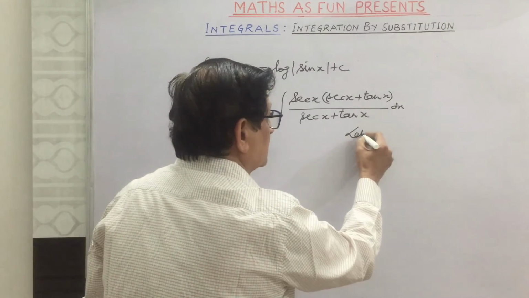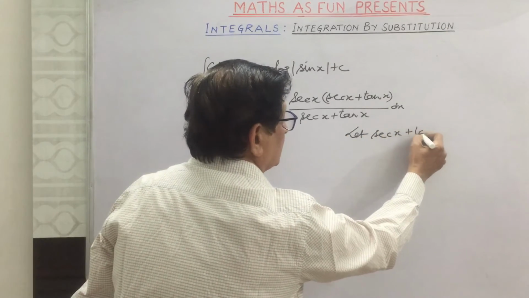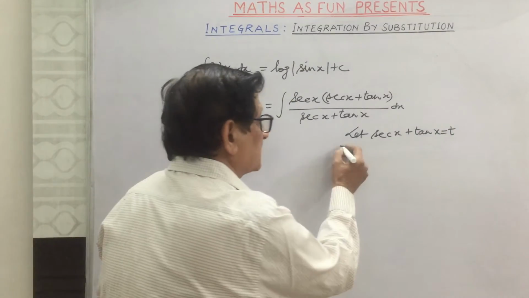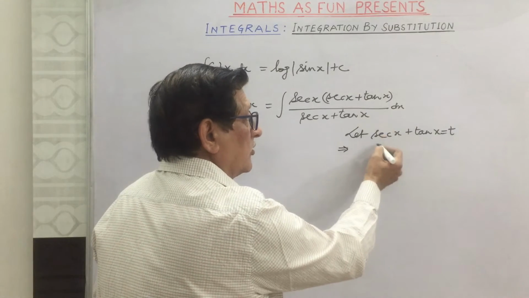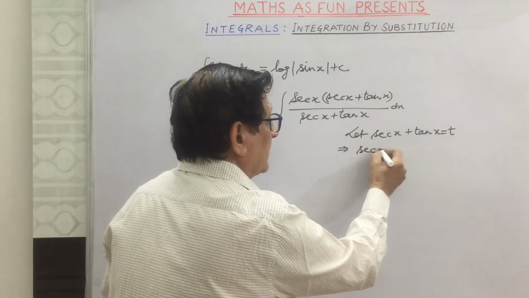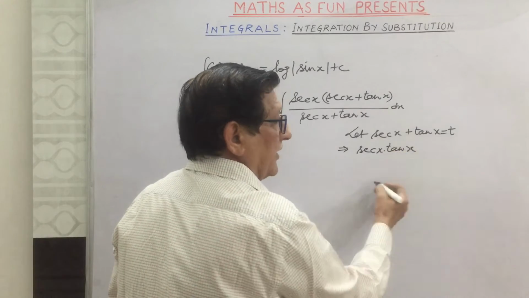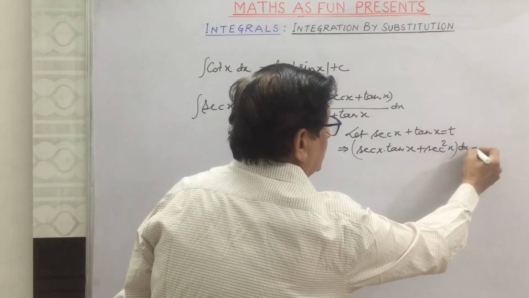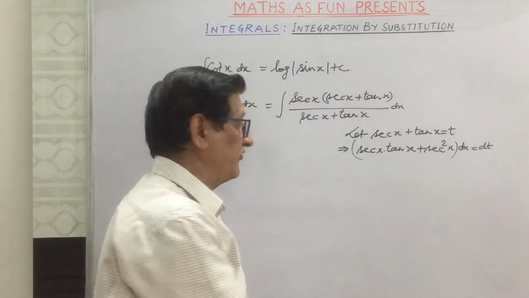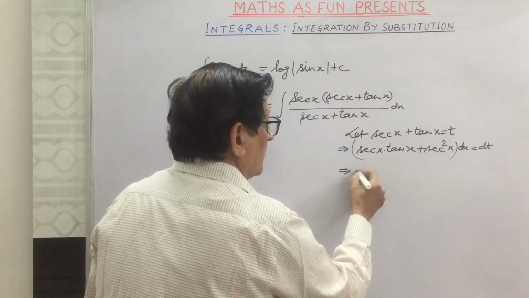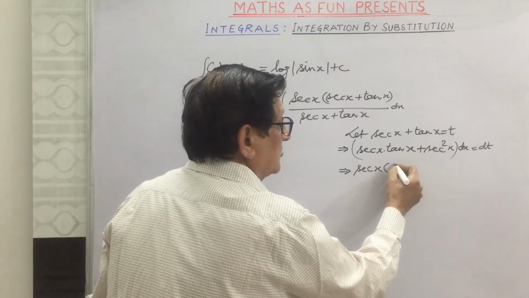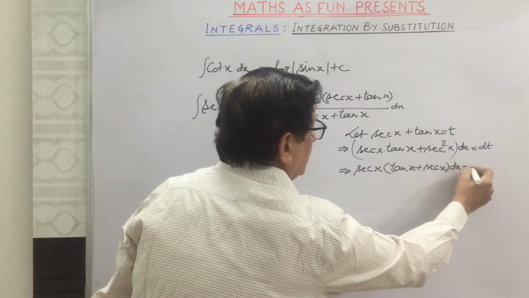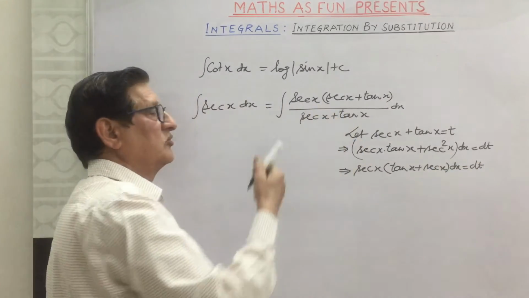Because if we substitute here sec x plus tan x as t, when we differentiate this, we know the derivative of sec x is sec x into tan x, and that of tan x is sec square x, so dx is equal to dt. If we take sec x common, we get sec x into tan x plus sec x dx equal to dt, and this is what we have in the numerator now.